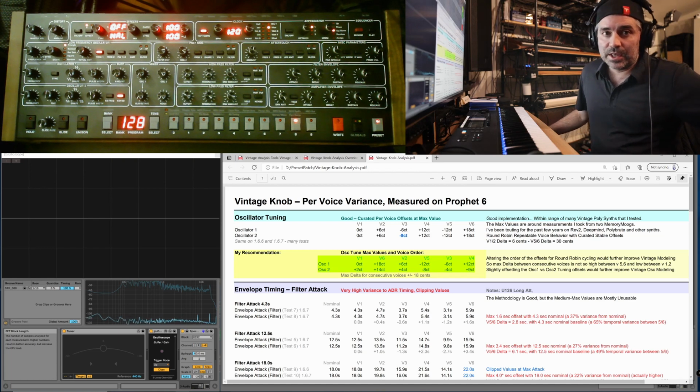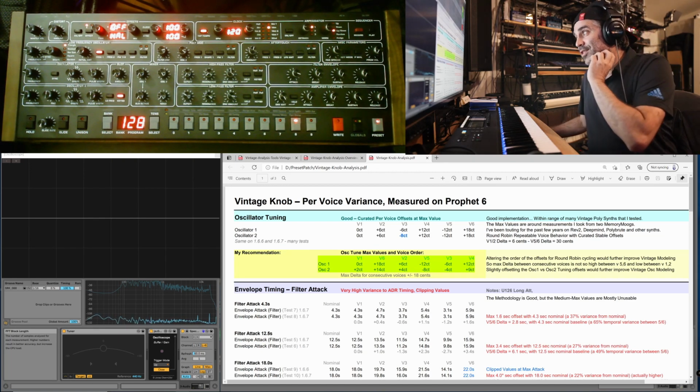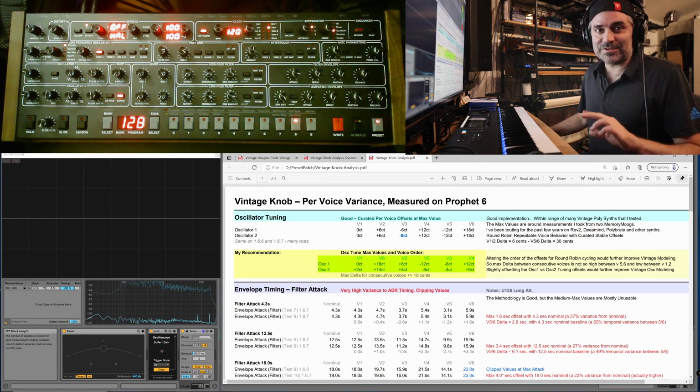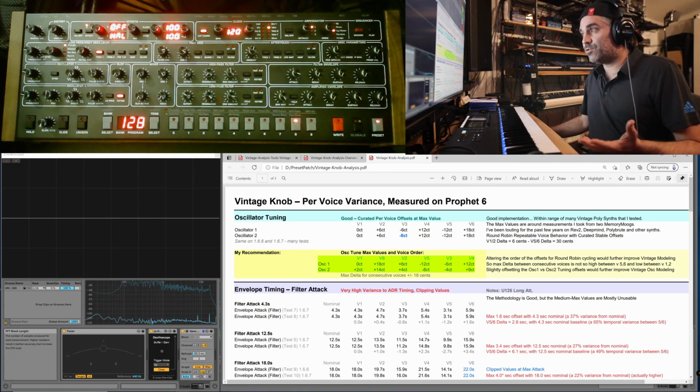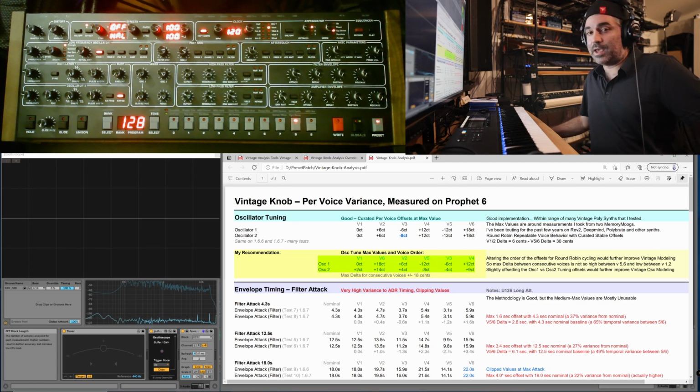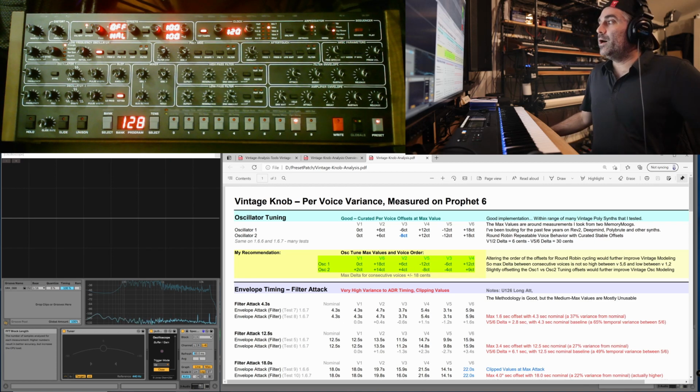And actually, this is good for the case that I'm going to make for recommending altering these values. It probably just means that these values are all stored on a per oscillator, per voice basis, probably in a table just like I'm showing here of 12 total values.